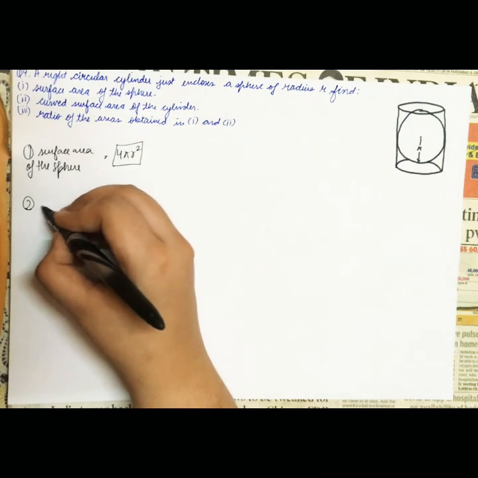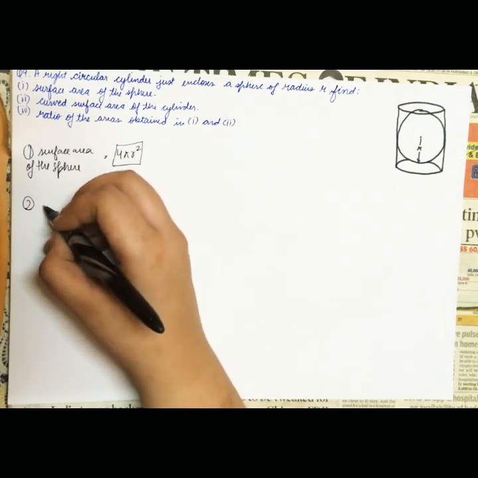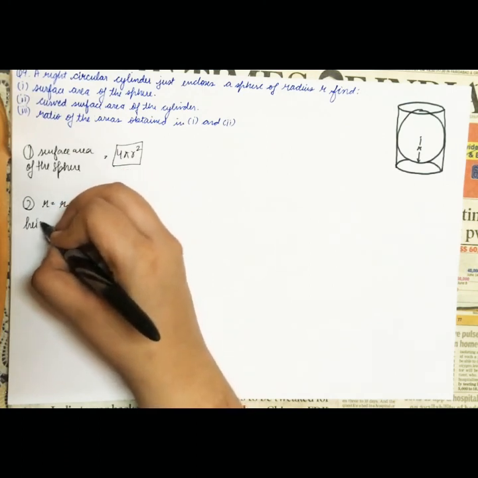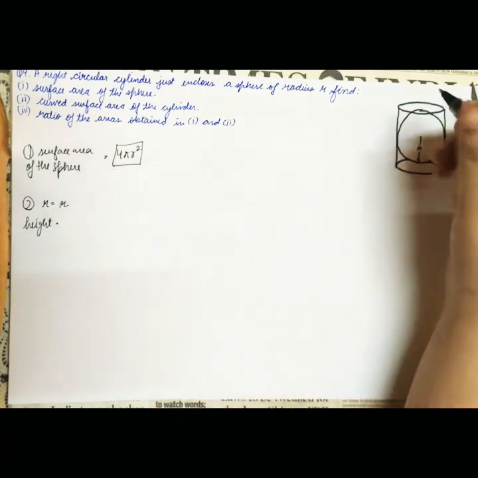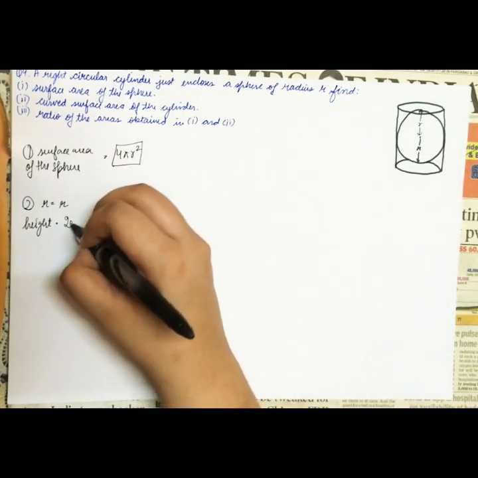Now the second one is curved surface area of the cylinder. Now in this, radius of the cylinder is r and height can be written as 2 times of r, or 2r.